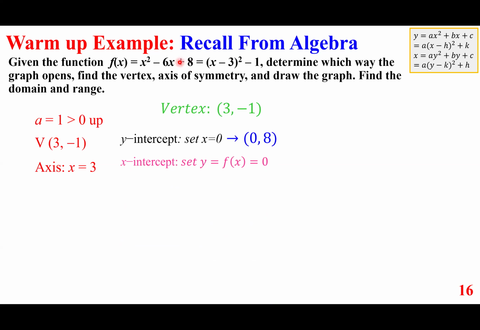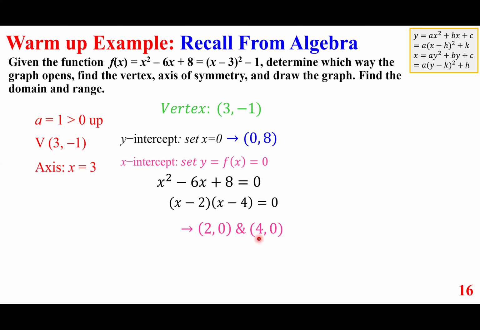So again, it's easier to set this one equal to 0 and factor it. This factors into (x minus 2)(x minus 4), because you want two numbers whose product is positive 8 and sum is negative 6. That means x is either 2 or 4, so 2, comma 0 and 4, comma 0. Those are the x-intercepts.